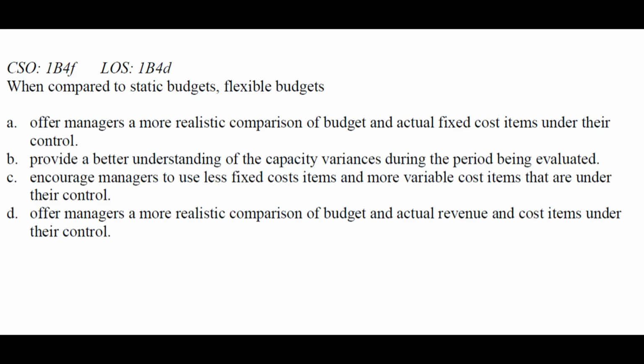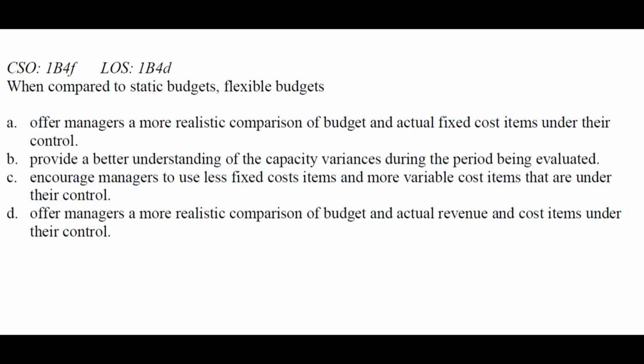A. Offer managers a more realistic comparison of budget and actual fixed cost items under their control. Incorrect. Fixed costs generally do not change with activity levels, so flexible budgets provide little additional benefit for comparing fixed costs. The major advantage of flexible budgets lies in adjusting variable costs and revenues, not fixed costs.